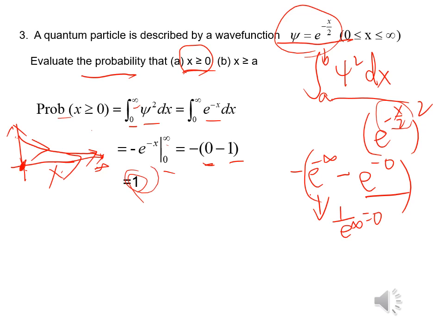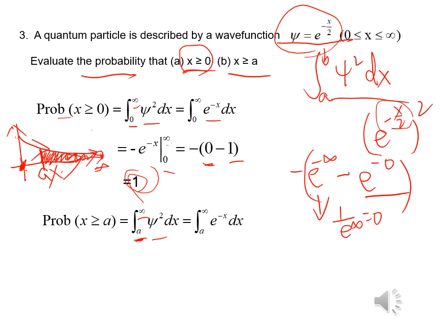The next question is not the whole range, but x greater than or equal to a. A is an arbitrary number, for example 3. So we are asking to calculate from a to infinity. What's the probability in this range? Again, we write the equation psi squared, in this case from a to infinity.